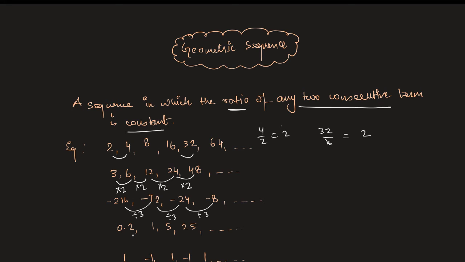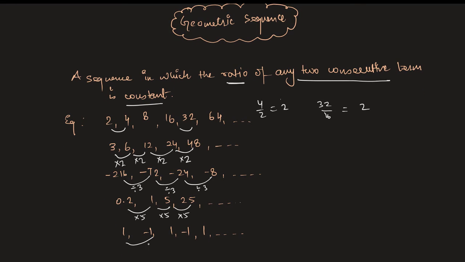In this case, you can say this is multiplied by 5, multiplied by 5, multiplied by 5. In this, it is multiplied by negative 1, again and again, and so on. So a sequence in which the ratio of any two consecutive terms is constant, we can say that the given sequence is a geometric sequence.